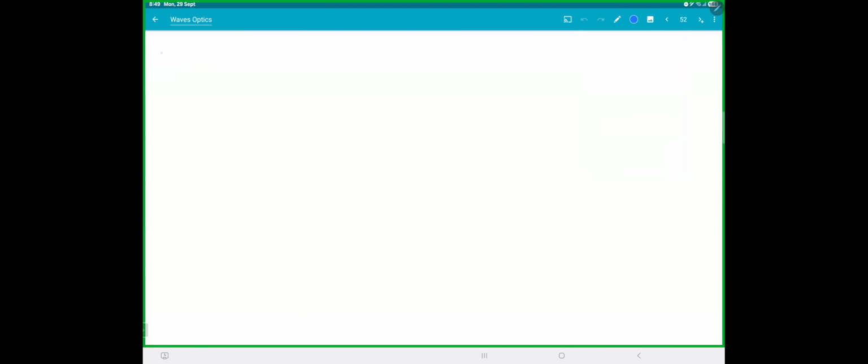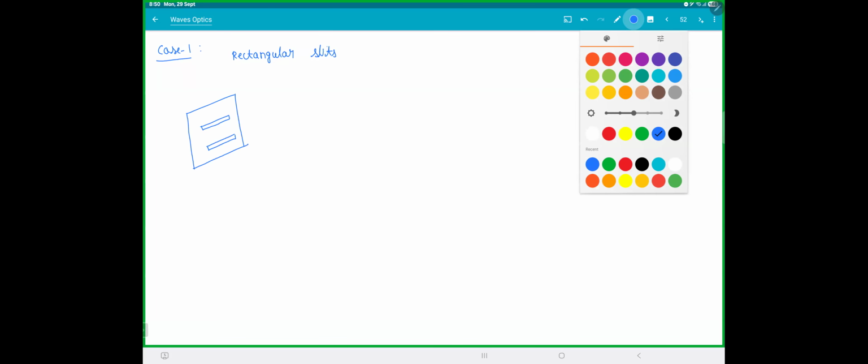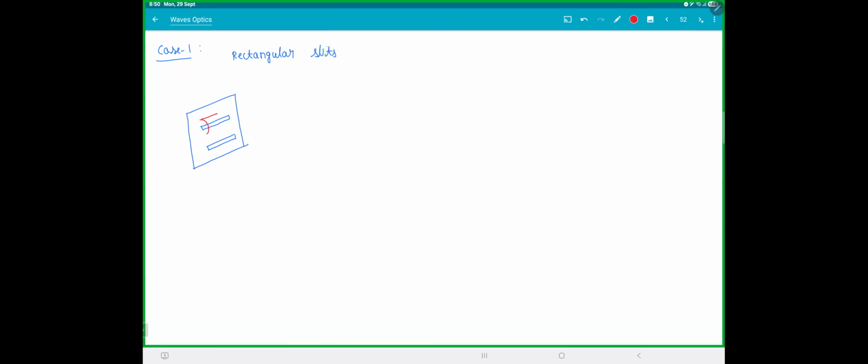Type of slits. Case one, let's say you use rectangular slits. If you use rectangular slits, we get a cylindrical wavefront.